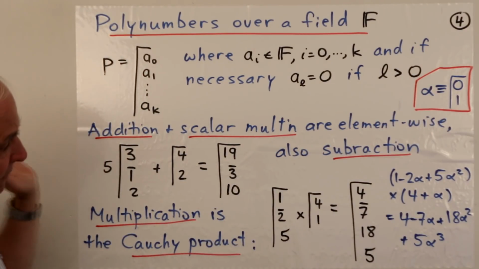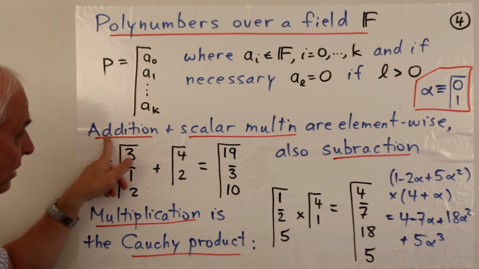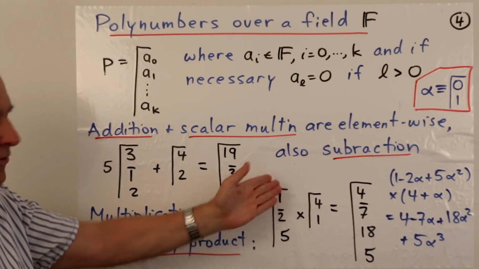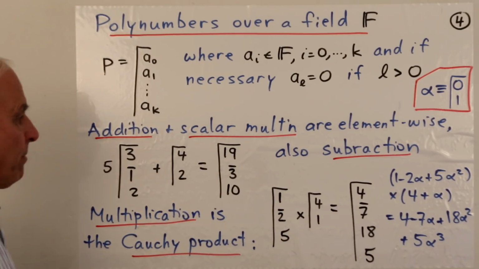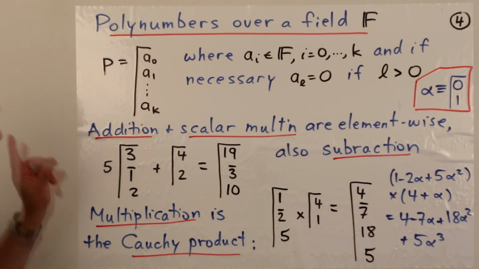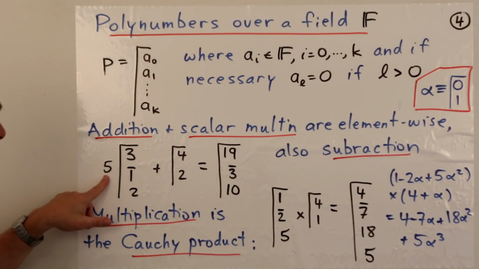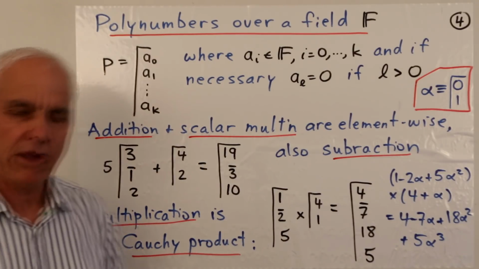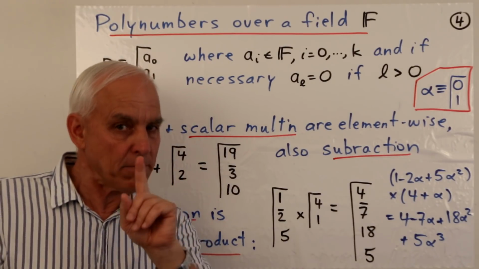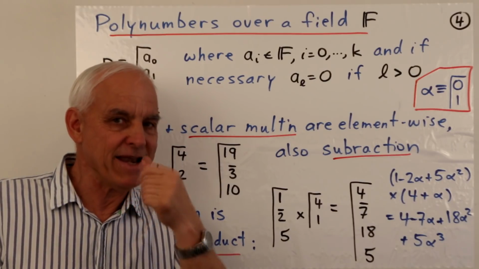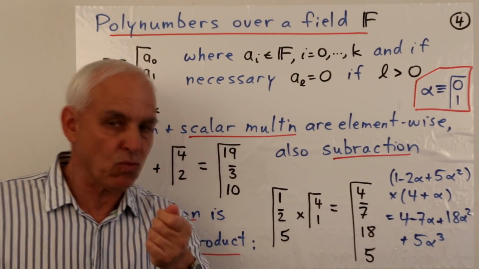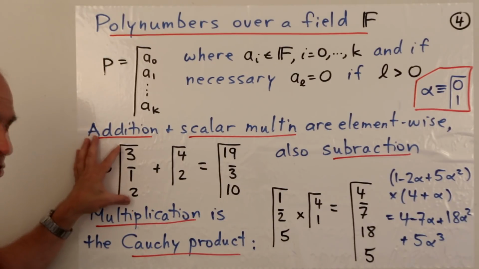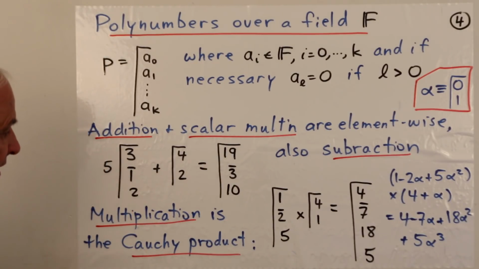Then we have arithmetic with these things. The addition and scalar multiplication are element-wise. So is subtraction. Illustrating addition, here is a polynumber: 3, 1 bar, 2. I remind you that I like to use bar sometimes for a negative sign. Instead of saying -1, we can put 1 bar. It's sometimes a little more efficient to use that form of negation.